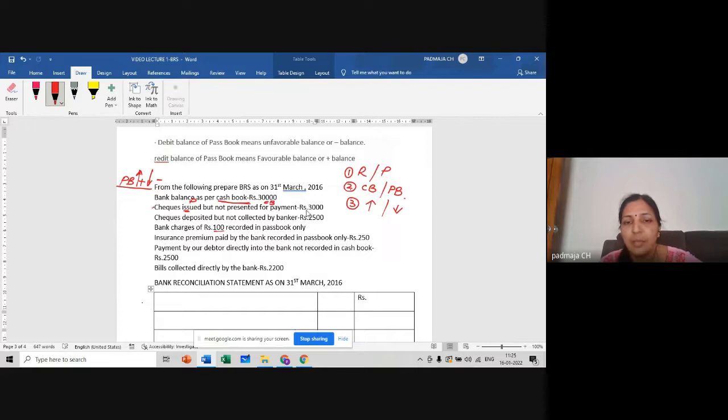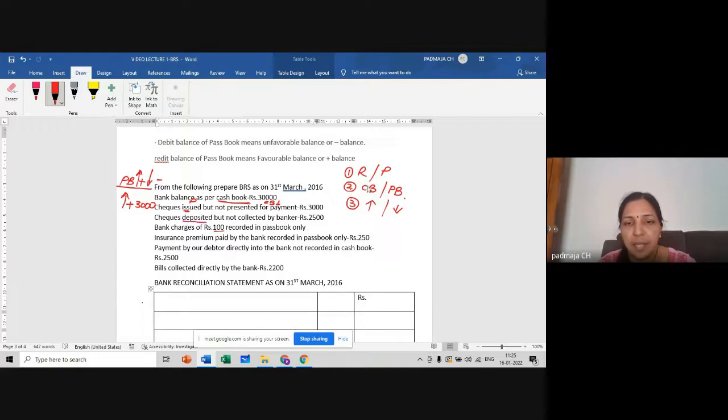What happens to the balance? Payments will decrease the balance. So payment recorded in cash book will decrease the balance in cash book. What about in passbook? It is not recorded, so it will be more. So what do we need to do? We need to add. How much do we have to add? 3000 rupees.